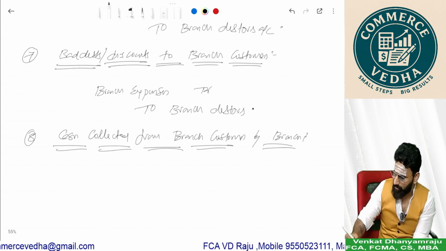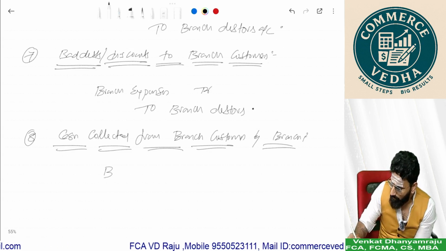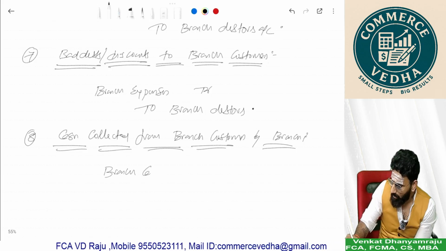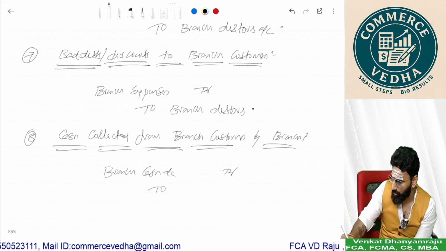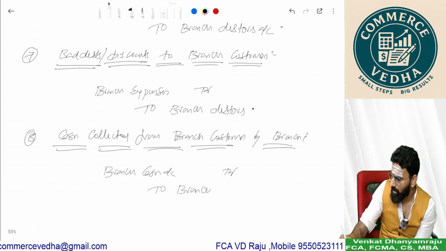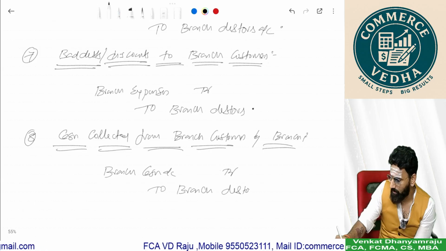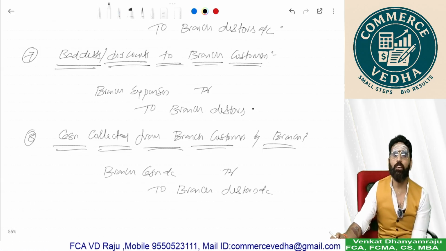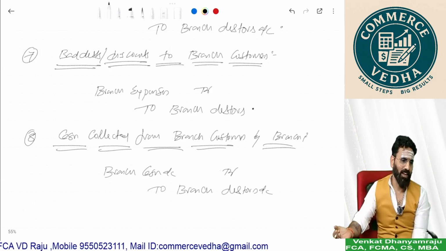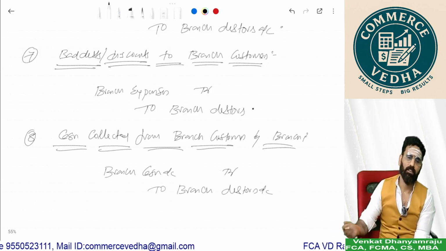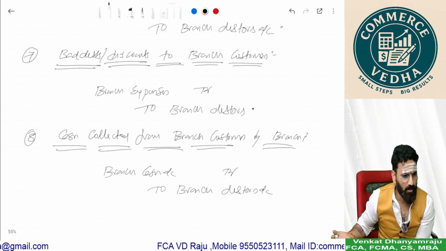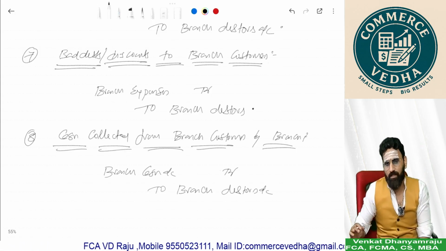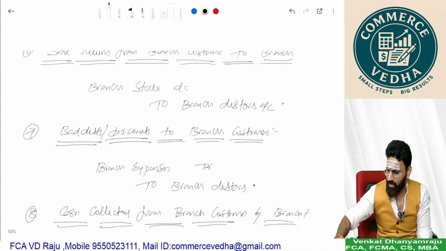The entry is branch cash account debit to branch debtors. Because they gave you cash, reduce debtors and increase the cash. Cash debit, debtors credit, because debtors shows a debit balance. When they gave the money, we should reverse it. So this is very simple, no transactions are left.